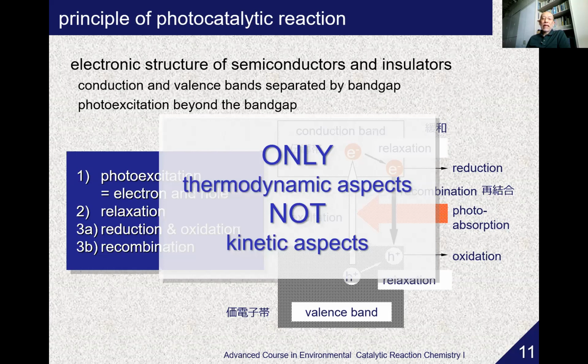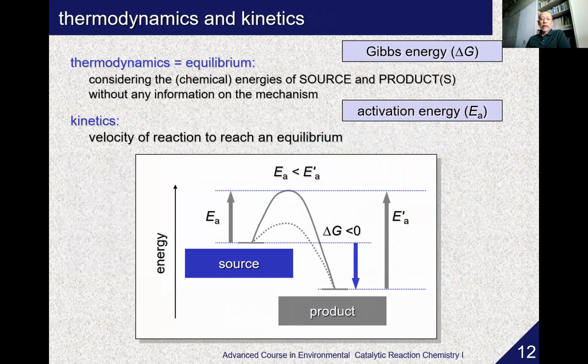That means that is kinetic, not thermodynamic. Thermodynamically it is possible, but without the application of bias, it is impossible to drive the actual reaction. That is kinetics. Then, last week, I introduced thermodynamics and kinetics.